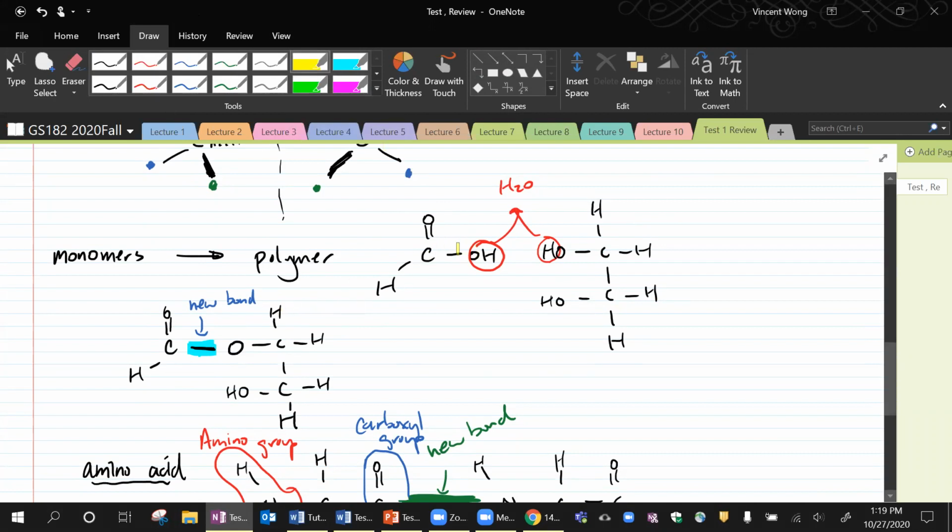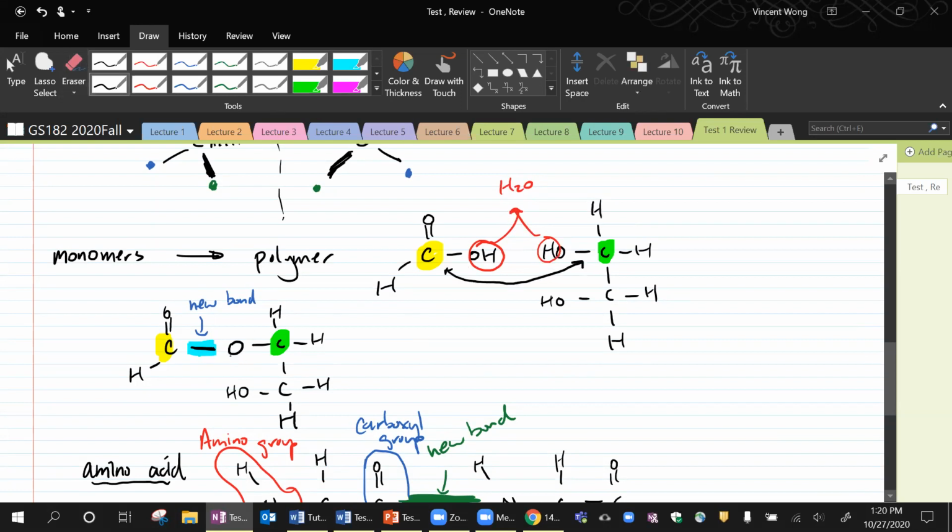Oh, I was just saying you don't even have to know what they are. The point is this C is basically this C, and this C is basically this C. The important thing is, if the question asks you to link something together, you take the OH off one of them, take the H from the other, and then create a link between them.